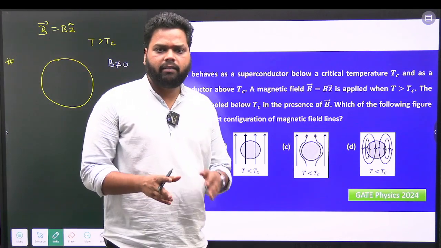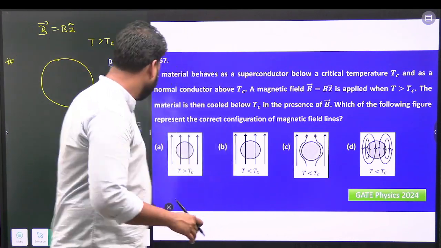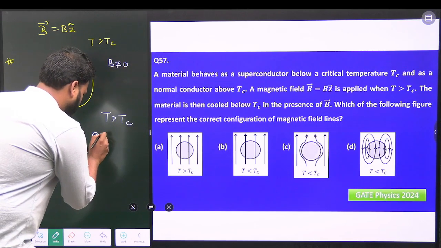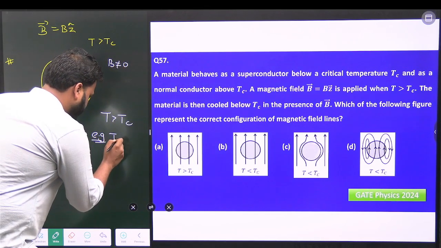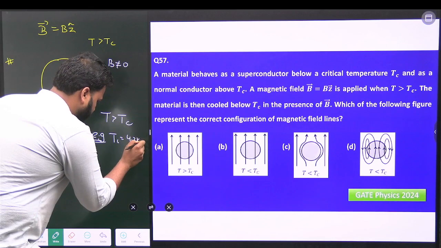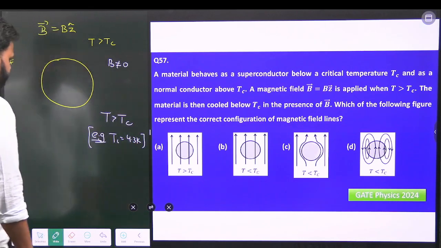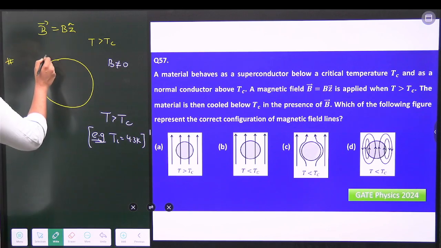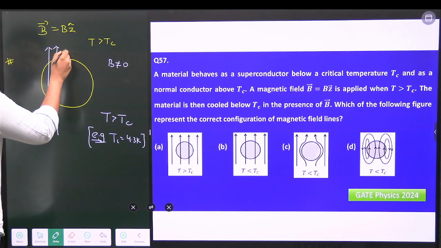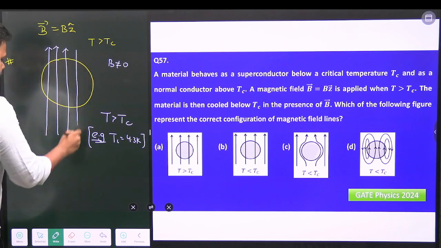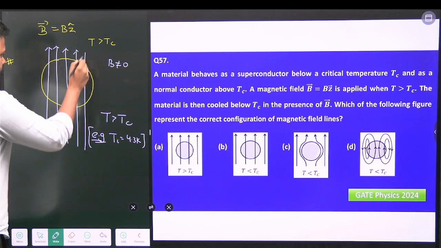For mercury, the critical temperature is around 4.3 Kelvin. So the temperature is greater than the critical temperature. Then it has been observed that all the magnetic field lines are crossing through this material.